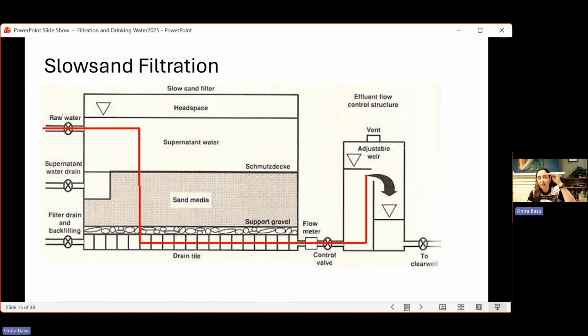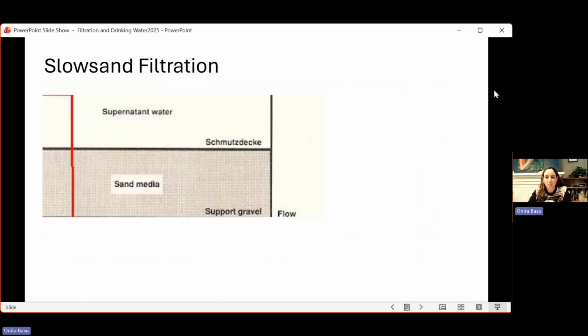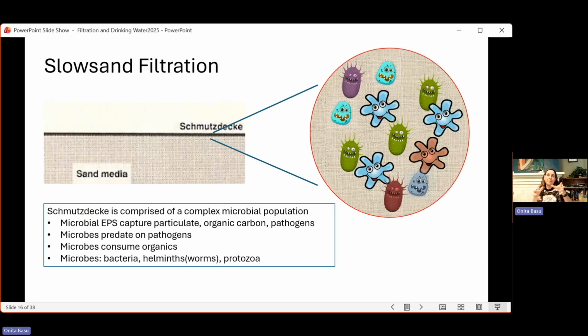The water volume above the bed has to be controlled more strictly, and the reason we're controlling the water height above the bed is because in this case, it's also a type of biofilter, but a more intense biofilter. Biofilters rely on microbial activity to help remove dissolved organic carbon.